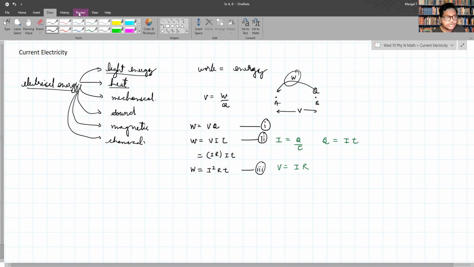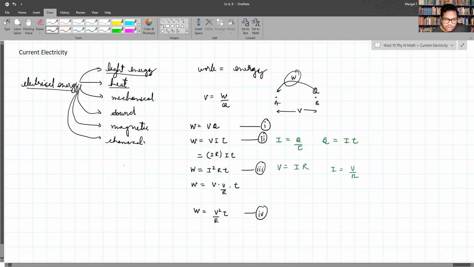Now, instead of substituting V is equal to IR, I can substitute I as V by R. So what do we get over here? So V, and this is V by R into T. So you get V square by R. That's number 4. Okay, V square by R into T.